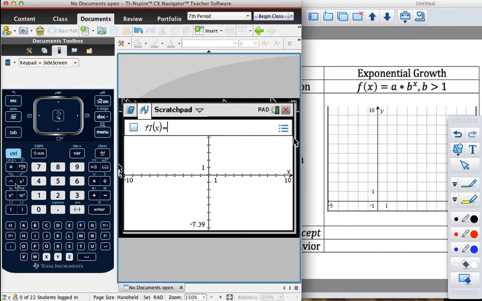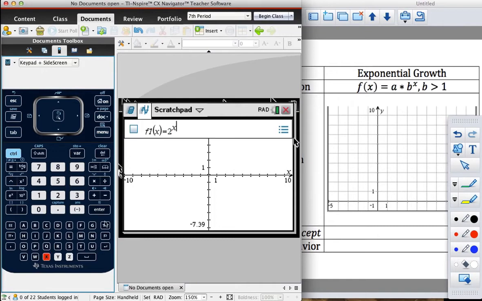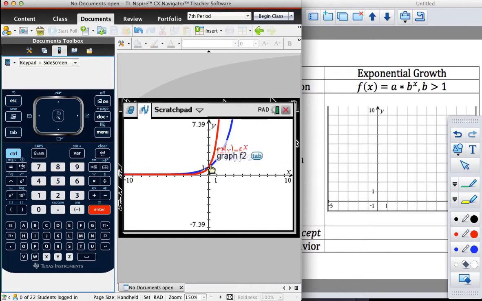Let's say a is 1. Okay, now if your b is greater than 1, so let's say b is 2, raised to the x power, okay, you get a graph that looks like that. And then let's say you change the base number. Let's say instead of 2, you have 5, okay, raised to the x power, okay, gives you a graph that's sharper.